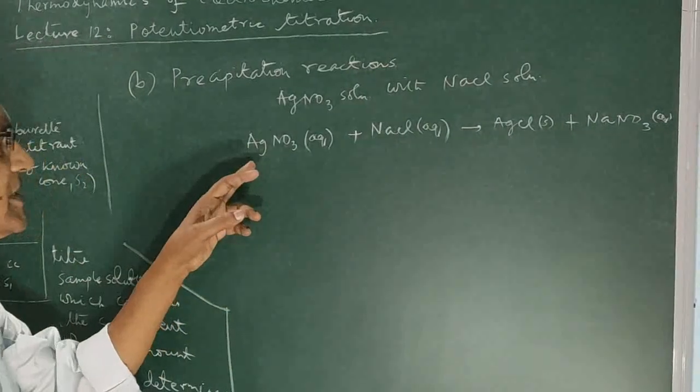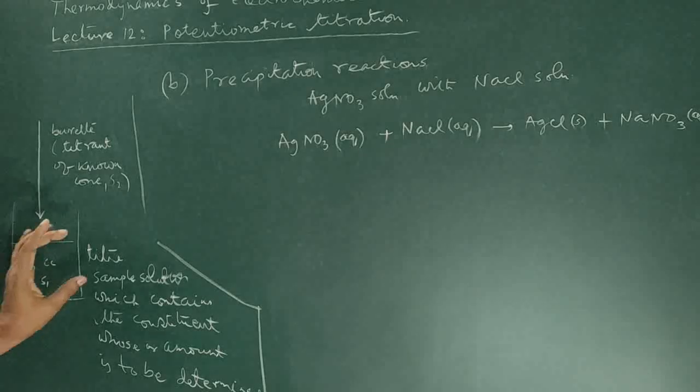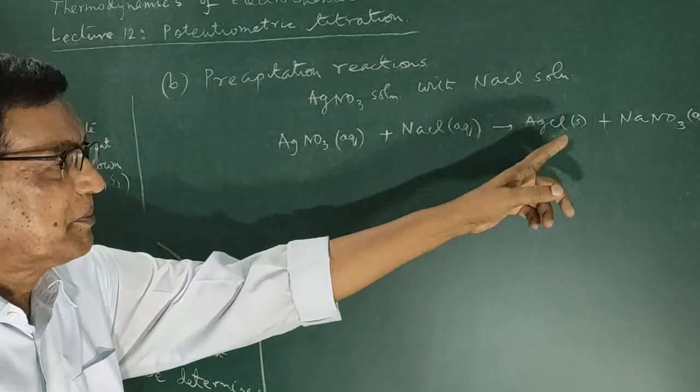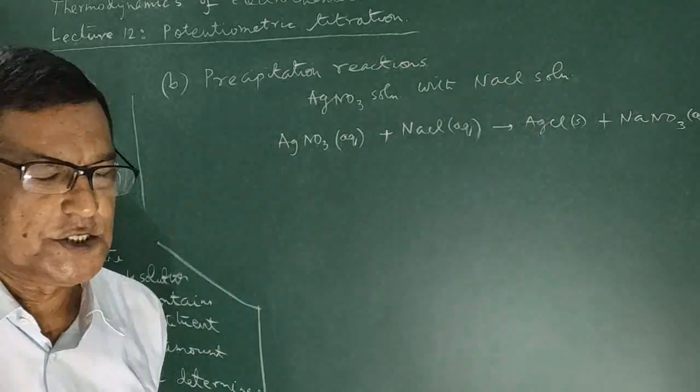So in this case, the silver ion is removed from the titer as a precipitate, silver chloride.